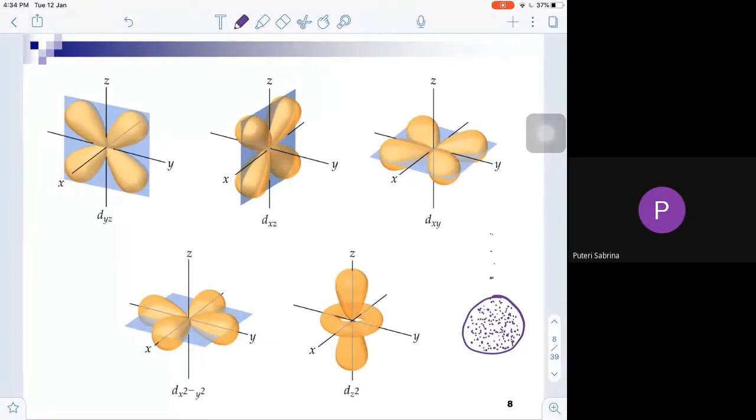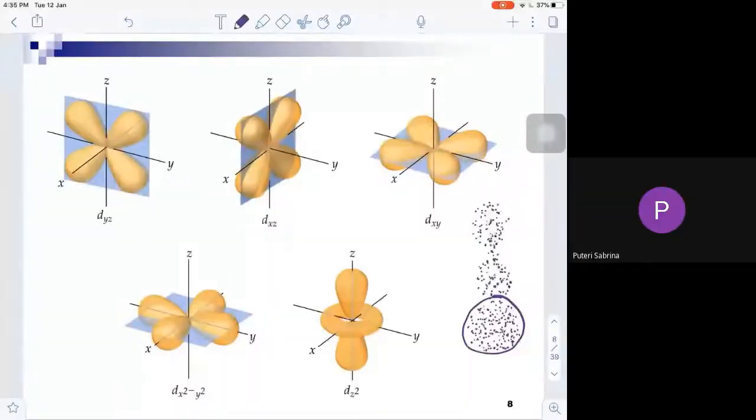We analyze the electron. Let's say this is the electron. Finally we observe that their trend is actually like a dumbbell with two lobes.